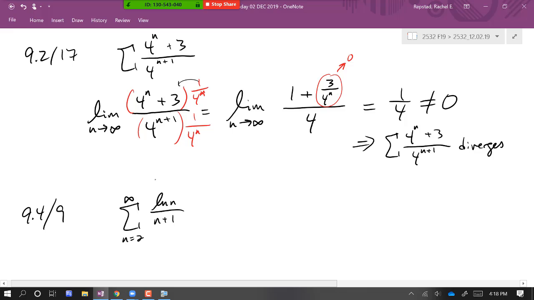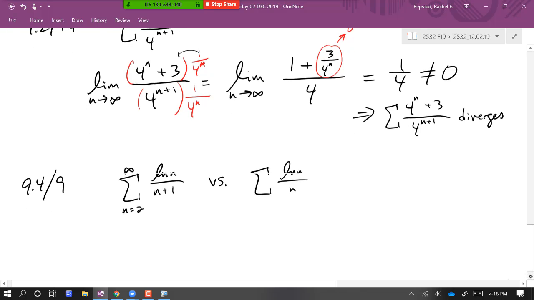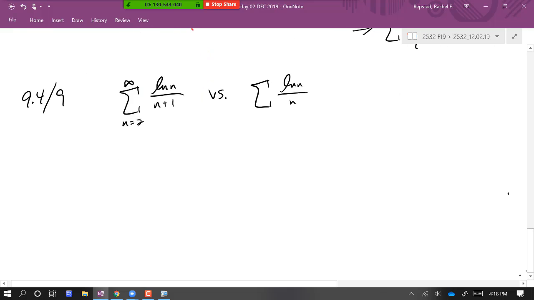Okay, let's try that. So this is going to create a new problem for us, because inherent in any comparison test is we need to know what that comparison series does, and we need to be able to show it, right?